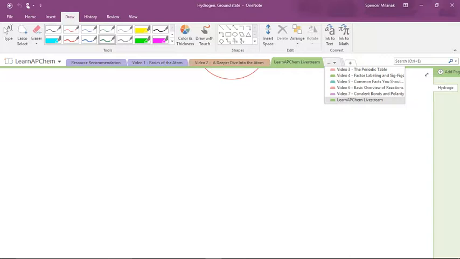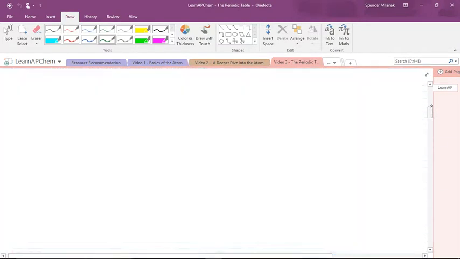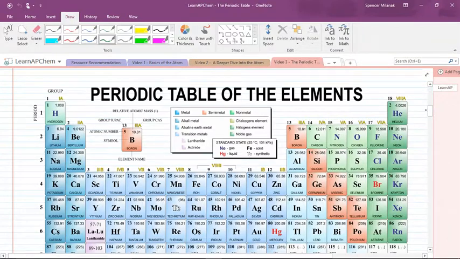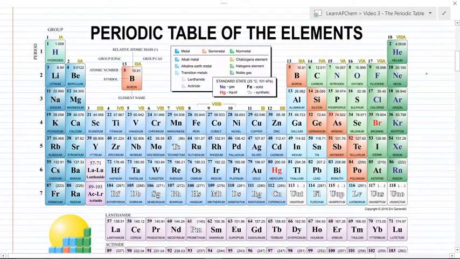I always find that going back to my periodic table, looking down the groups and looking at the properties of these elements, and understanding why those properties are the way they are, means I've definitely grasped the topics that I've talked about in these videos.